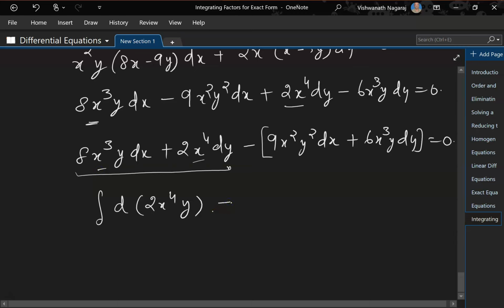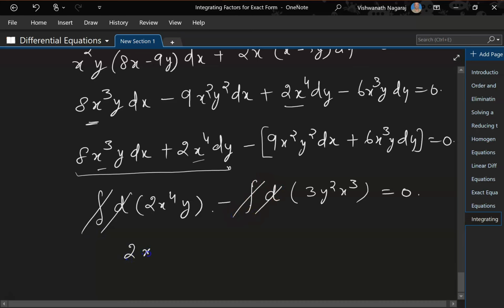And this would be the differential of 3y square x cube equal to 0. Just try it out. Keep y constant, then what happens? 9x square y square dx. And if you keep x constant, it becomes 6y x cube.